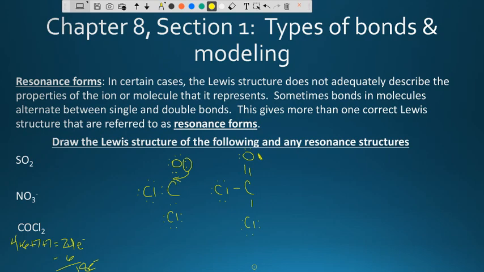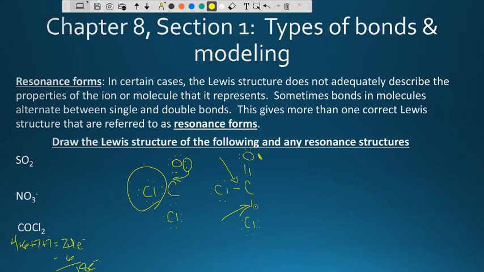Now, we can't find any other structures than this. I know it seems like I just moved those things in there, but here's one thing about chlorine. Remember, it only wanted one electron shared in there. So there is a rule that you can never get a double bond onto a chlorine.